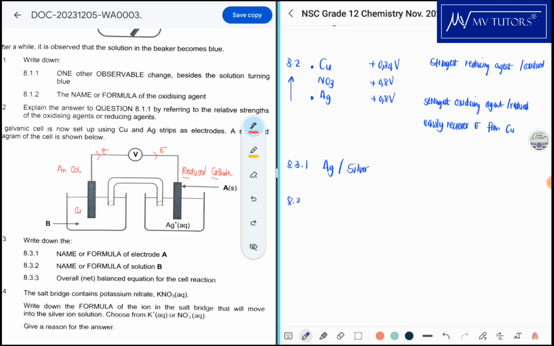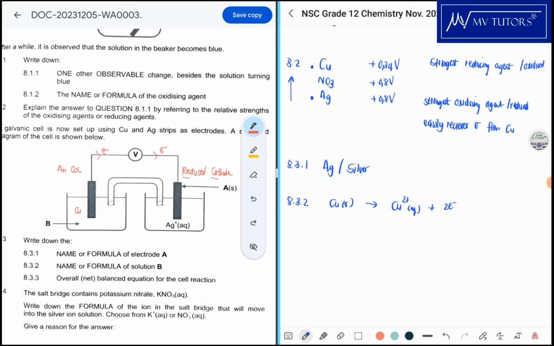And then 8.3.2, it says the name or formula of solution B. Remember we have copper there. As copper oxidizes, you will be left with copper ions, cations, in the solution.